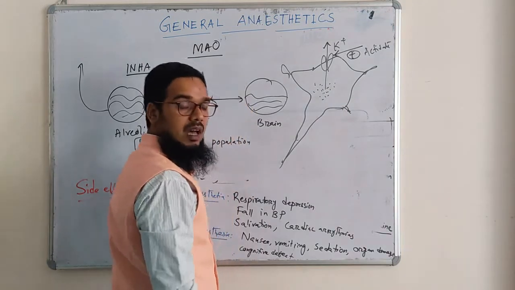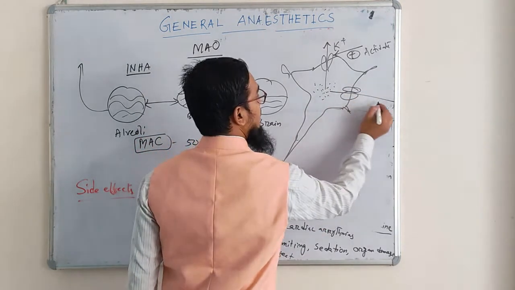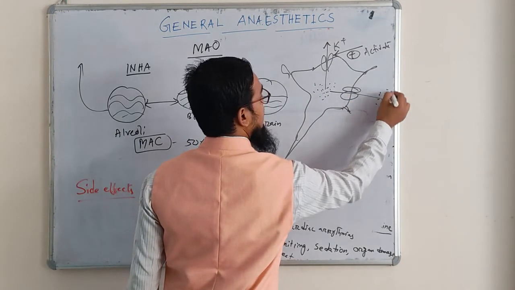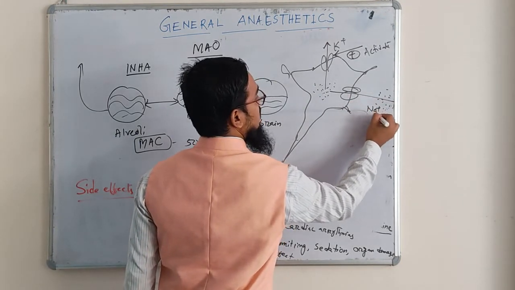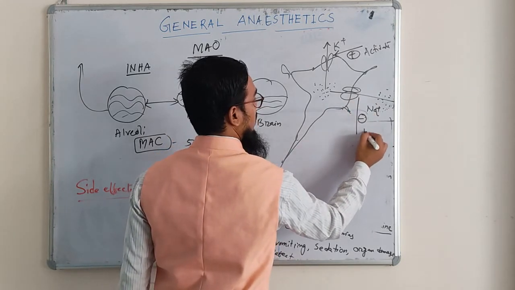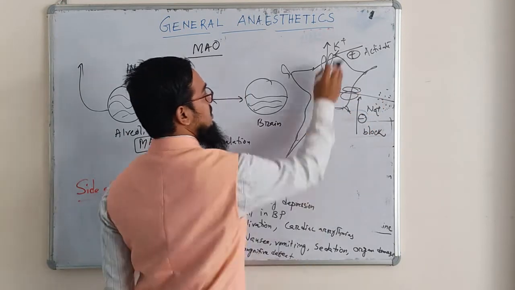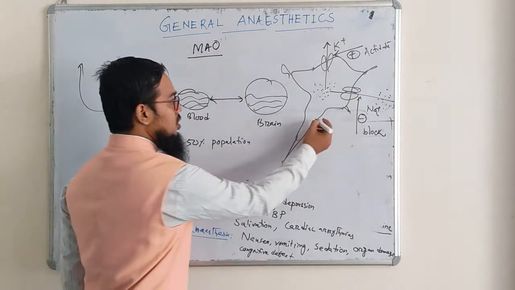Also, sodium ions remain in higher concentration outside of the neurons, and the anesthesia blocks the sodium channel. This is the sodium channel and this is the potassium channel. Also they disrupt the membrane lipid.